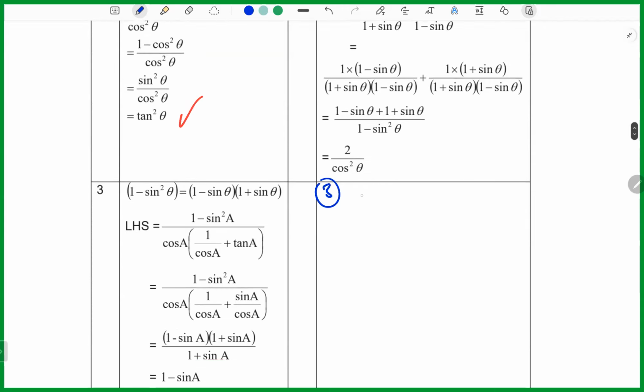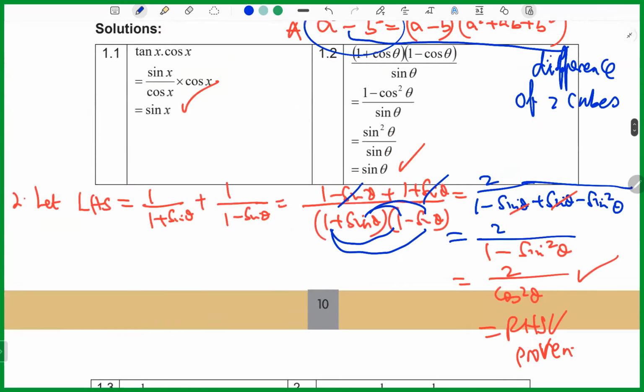Right, so we're going to take the left-hand side. So the left-hand side is what?